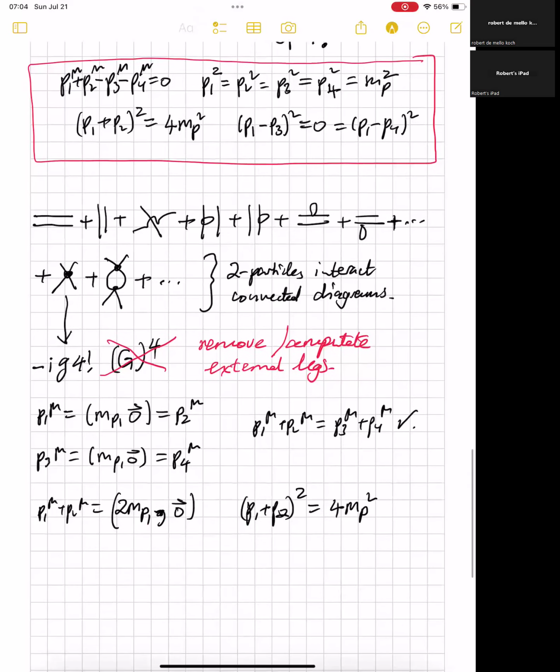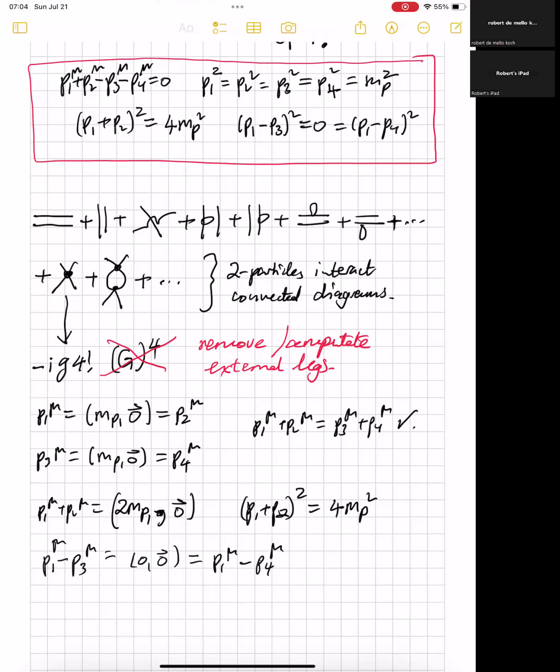And it wouldn't have been 4 MP squared if we had a non-zero momentum. So this is occurring because the momentum is 0. And then when we say P1 minus P3, well, that is just the null 4 momentum. And that's the same as P1 minus P4.